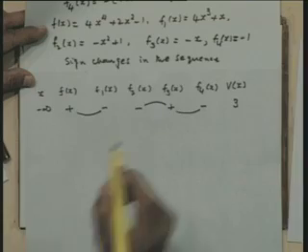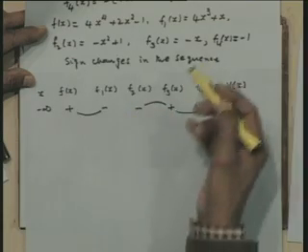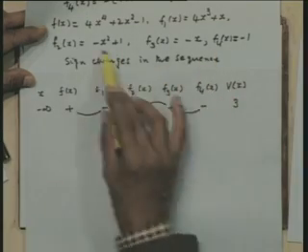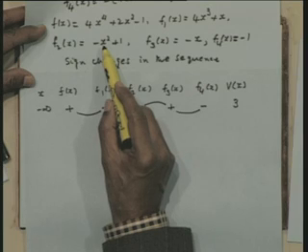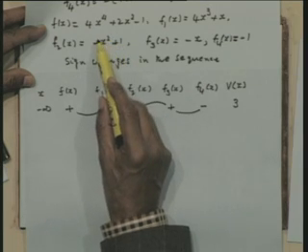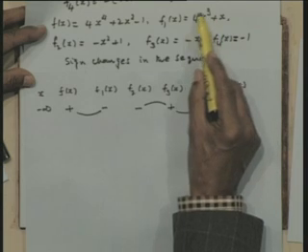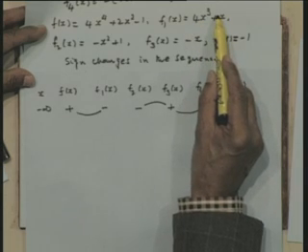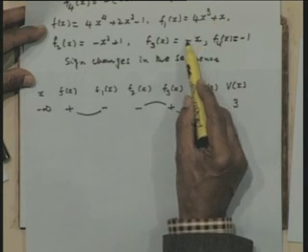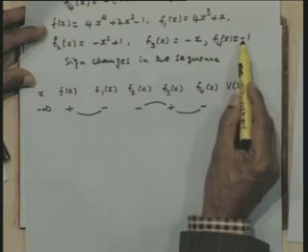Now, to reduce the amount of work, we can have a closer look at this. For mod x greater than 1, this is always going to be negative. When x is negative, this is always going to be positive, and this is always negative.